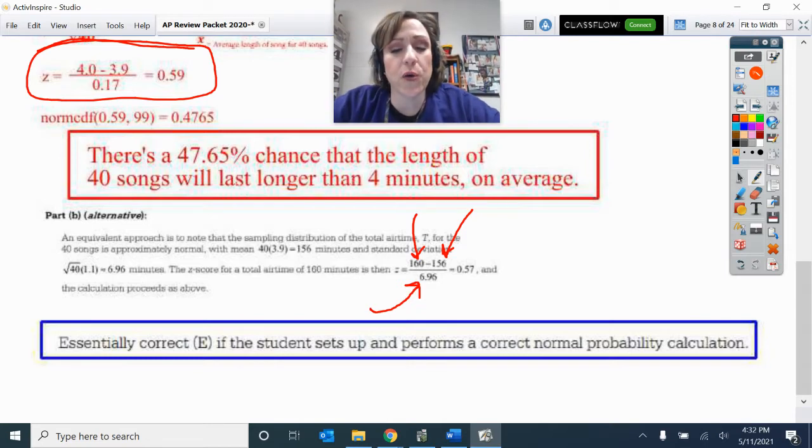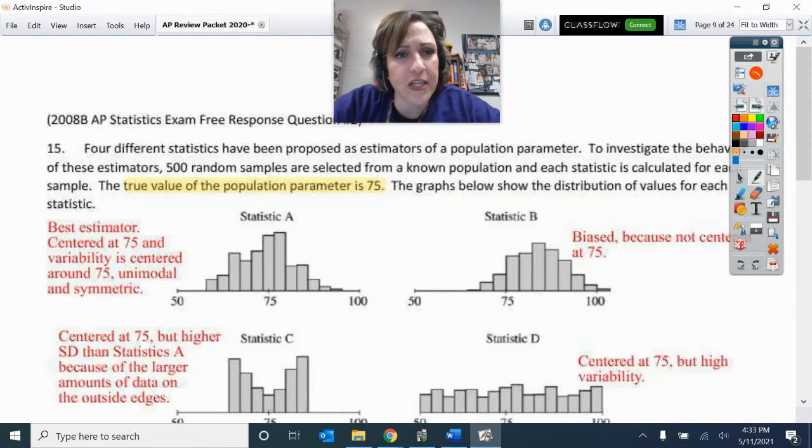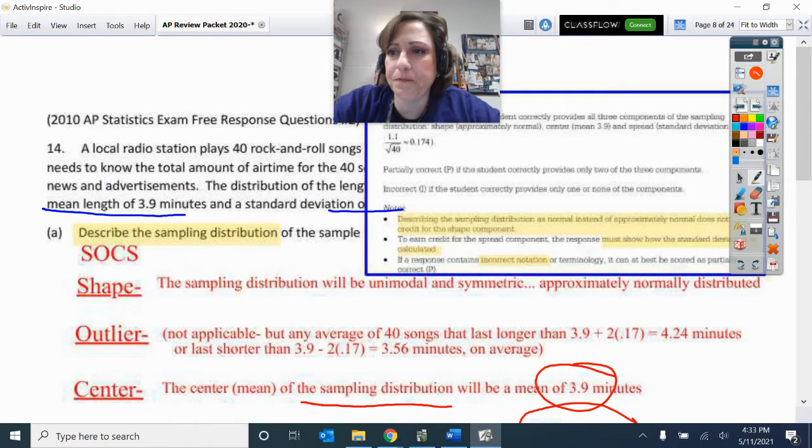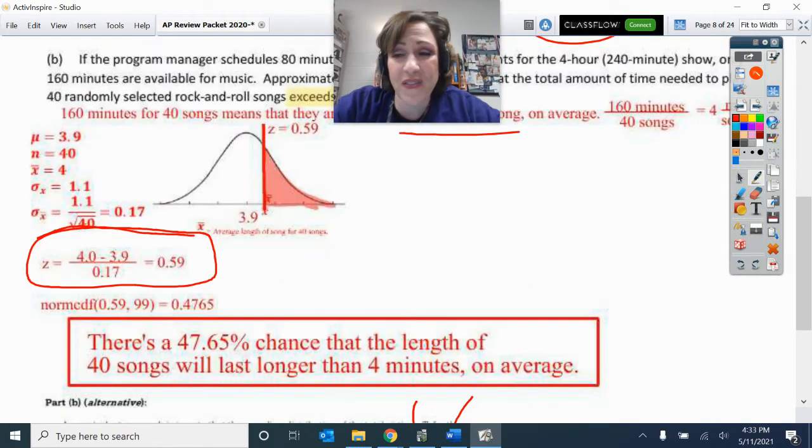So that works out that way. Same z-score and standard deviation. So you get essentially correct if you have the correct calculation. If not, then you don't. I'll have to look at what gives you partial credit on that. All right, and that's all that there was on that problem.